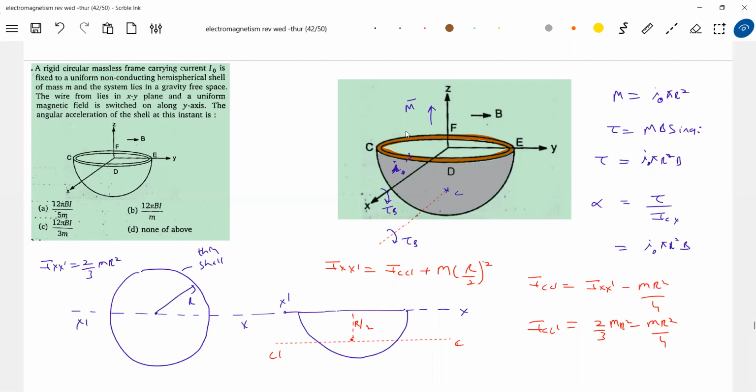What is the basic definition of torque due to dipole moment? The torque is set up... Sir, if you consider that the ring also has mass, then the center of mass of the ring should not move. And even if we take the mass of the ring to be negligible, the center of mass of the ring should not move.